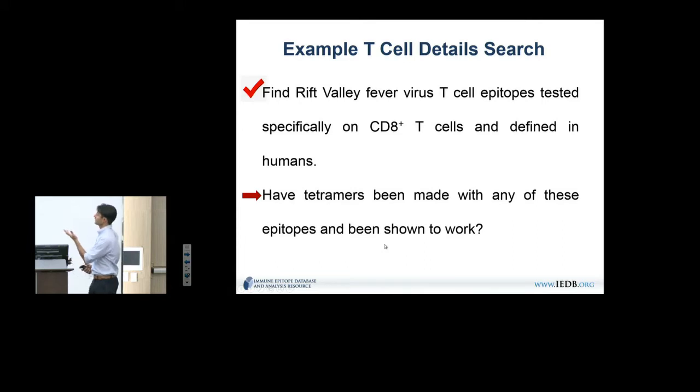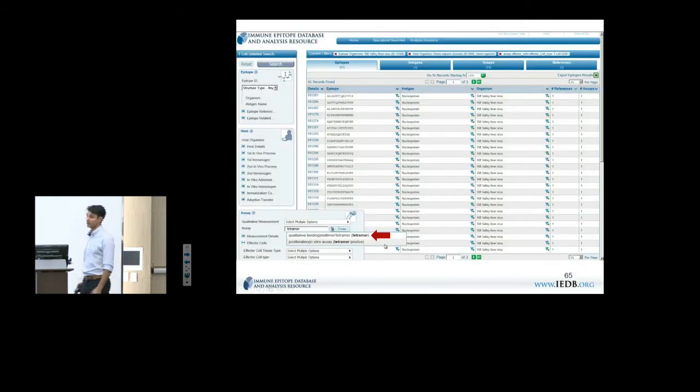So in this case, if we've satisfied the first check mark of finding those T cell epitopes, but you now want to take that query one step further and say, now have tetramers been made with any of these epitopes, shown to work? You could simply pick up where you left off with that previous query, but add more stringency to the query parameters. So that's what I've done here. This is that results page that we were just on.